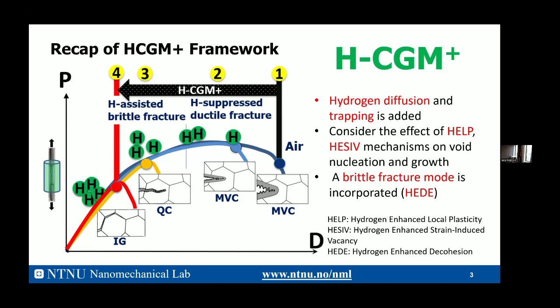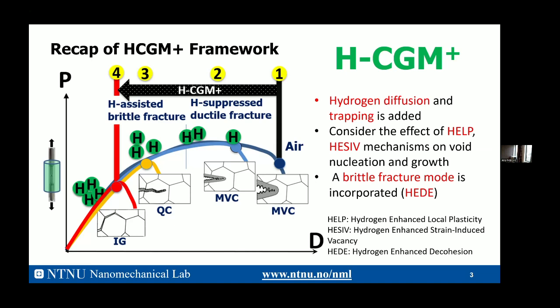With the increase of the hydrogen content, this model combines the hydrogen diffusion and the trapping. So they will stay with the void-based mechanism, but it will have hydrogen suppressed ductile fracture. And the dimple size and the void size will become smaller than the specimen in the air.